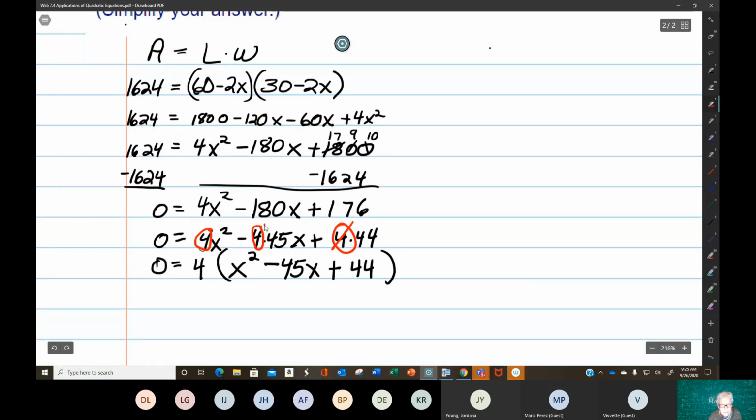So I pulled out the 4 to the front, right there, which is where we usually pull out greatest common factors. Usually, we put them in front. And I have to keep saying this, only because it's an equation can I make the 4 disappear.